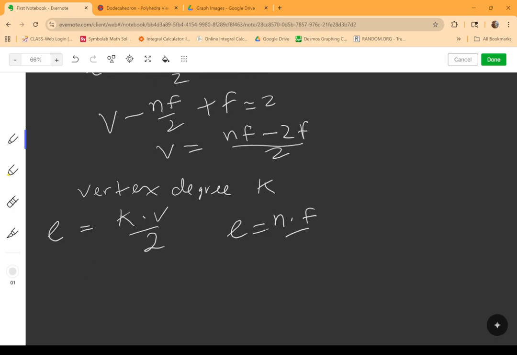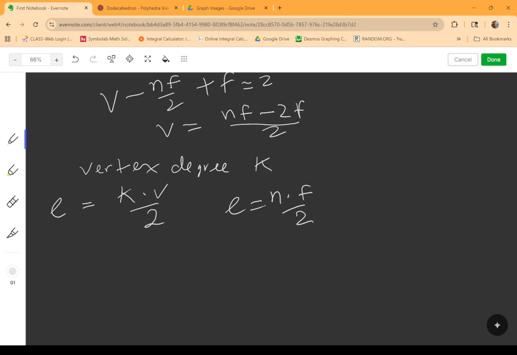So setting these equal to each other, we get n times f over 2 is equal to k over 2, and then v, I'll use this for my v. We get 4, oh, excuse me, I'm missing a 4 here, 4 plus because of that 2.